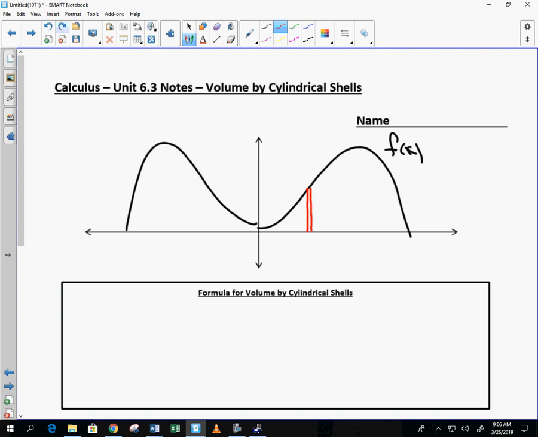If I rotated this around the y-axis, can everybody see that you got kind of this oblong shape that's got this dip in the middle? Okay? And so if I wrap this rectangle around, I'll get another spot over there.